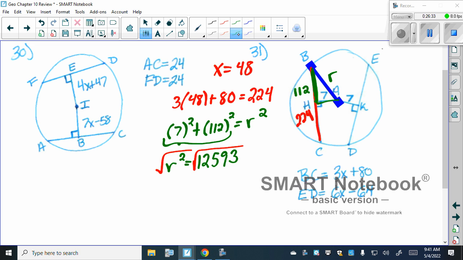Square root both sides. Now this is not a nice number. Let's go 112.22. I'm just rounding to the second decimal place. And I believe the answer key has something close to that.